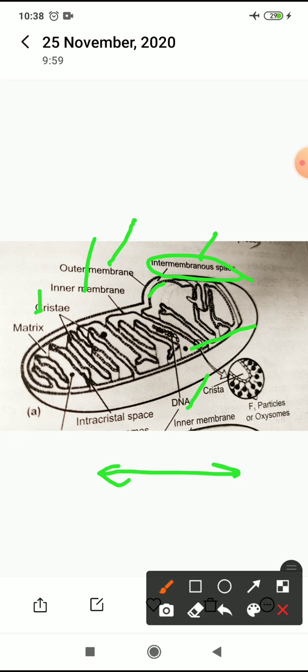The space enclosed by inner membrane is called inner membrane space or inner chamber. Inner space or inner chamber is filled with matrix, which contains dense granules, also ribosomes and mitochondrial DNA that lies in this matrix.